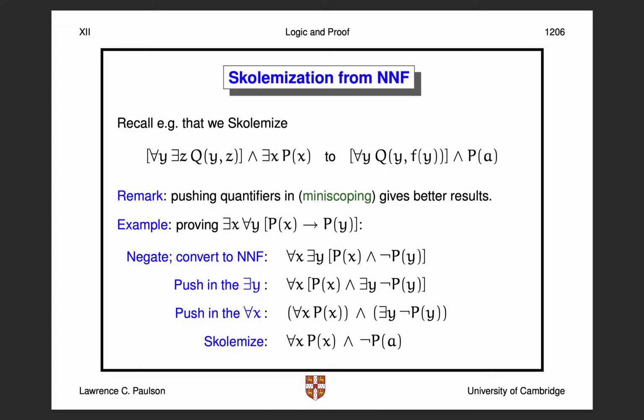And of course, instead of this q, we might have some further big complex formula. We would have to eliminate the existential quantifiers from the outside in, as we have always done.